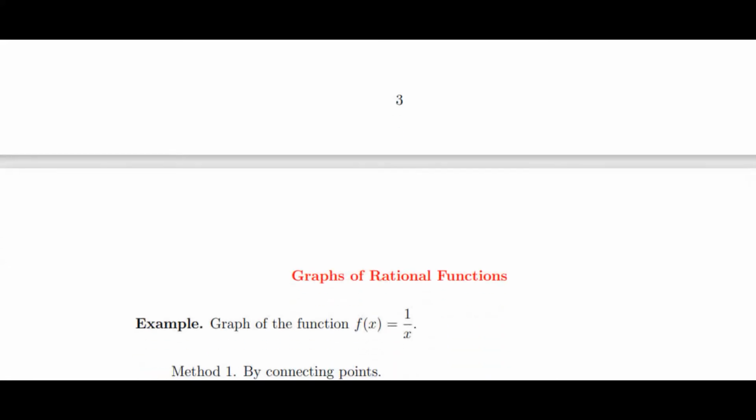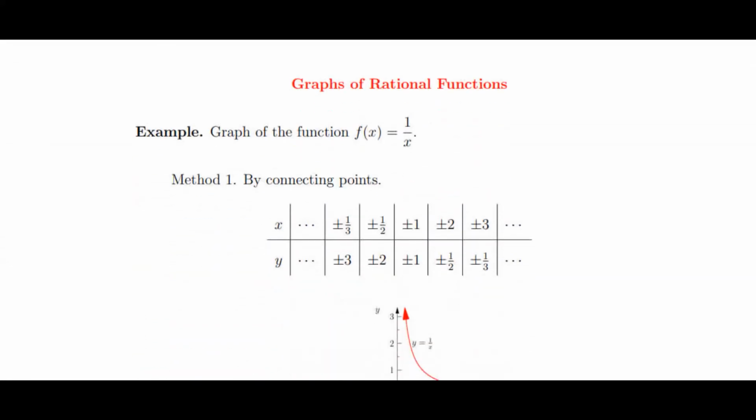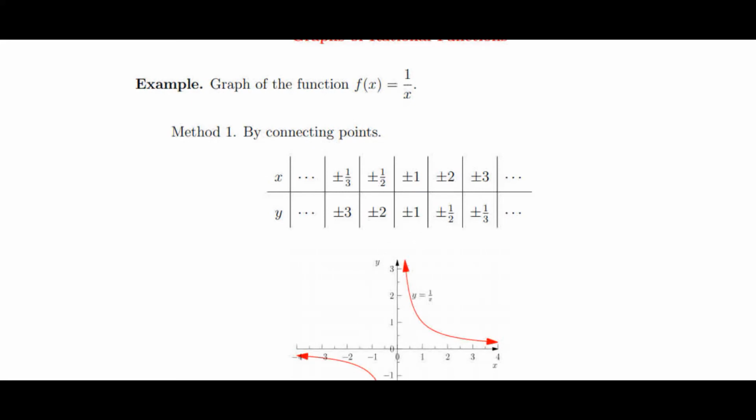Okay, so then we consider the graph for a rational function. At first, let's check the simplest rational function, which is f(x) equals 1 over x. To sketch the graph of a function, we can use the traditional way. The old way is that we pick many points and then connect those points.